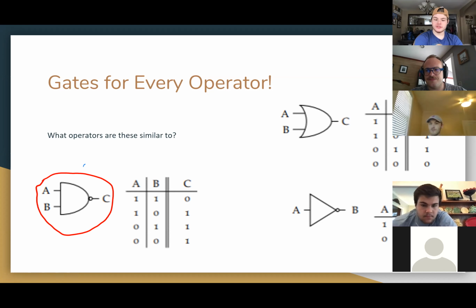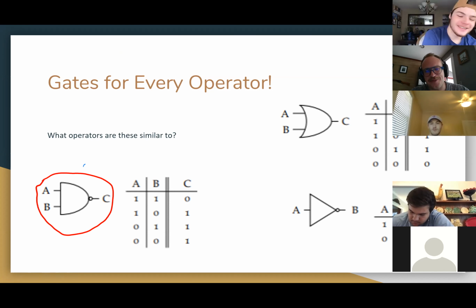Is that a disjunction? Yes. Oh wait, no. Yeah, it's not. It's not similar to any operator. I just realized that. But it is similar to, what would it be if we made this into a TFL sentence or a TFL assertion?